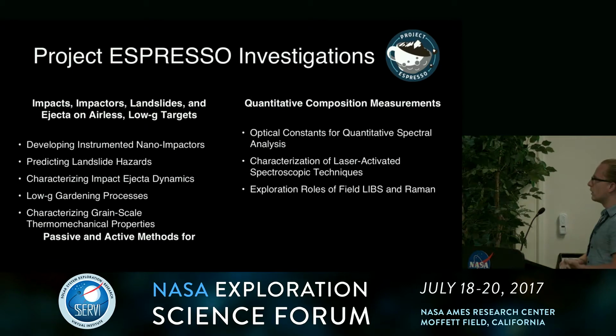To that end, we are building up a library of optical constants for materials relevant to the surface of asteroids. This is being done at a lab at Johns Hopkins in collaboration with the CLASS survey node, which will be generating a lot of the materials that we'll be testing.